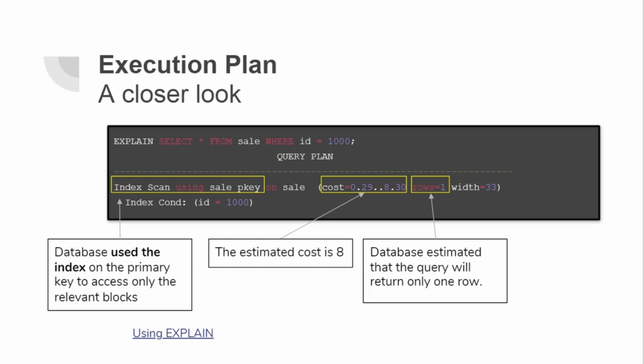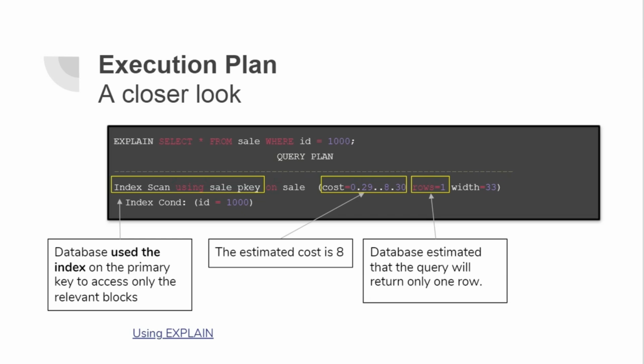And when you create a primary key in PostgreSQL, and any database really, the database is creating an index behind the scenes. The index is unique. So when we ask the database to show us the execution plan for sale with ID 1,000, the database used an index called sale_pk. This is the name of the index of the primary key ID.